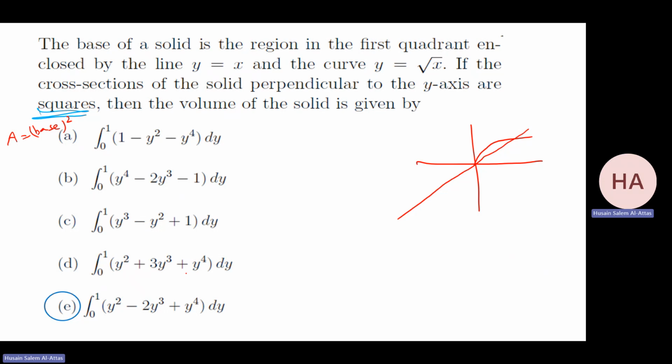This is my base. So the base will be square root of x minus x. That will be the base. Wait a minute. Perpendicular to the y-axis. Sorry. Yeah, read the question.